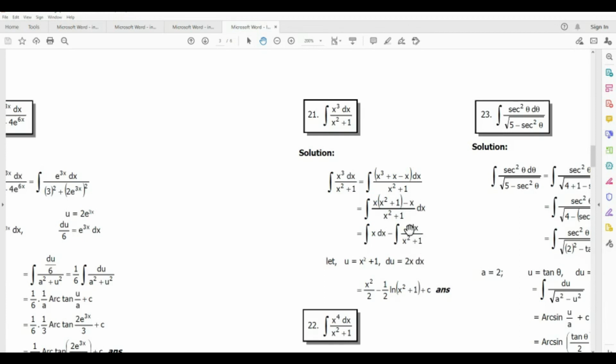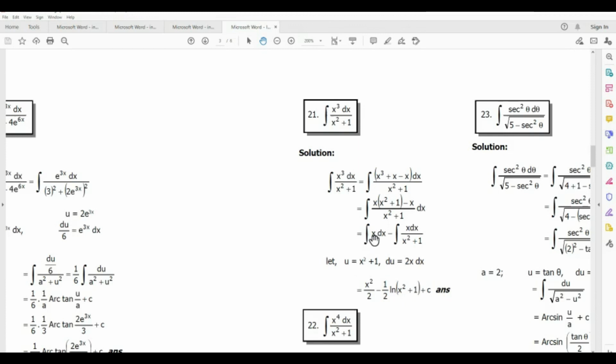So ito, logarithm pala to. Your u is equal to x squared plus 1, your du is equal to 2x dx, may x dx doon. So magiging du over 2 over u, or 1/2 integral of du over u or ln. So negative 1/2 ln of u, or u is equal to x squared plus 1.